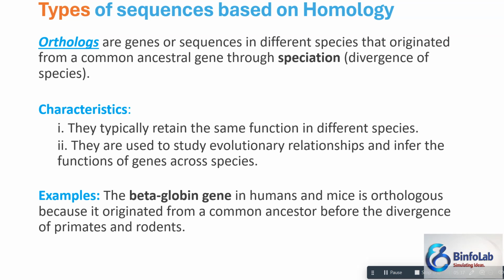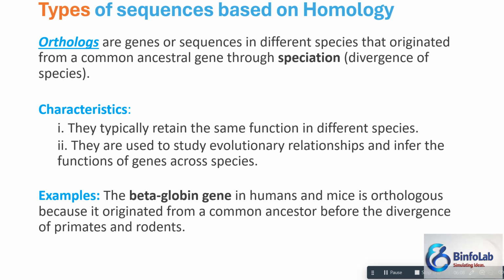Remember, ortholog, paralog, and xenolog, all these three are homologs to each other. You can say these are the different subtypes of homology. So first of all, the sequences must be homologs to each other. Then we will further decide whether they are orthologs, paralogs, or xenologs.